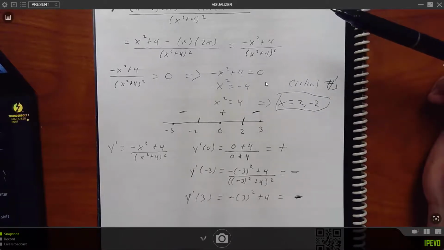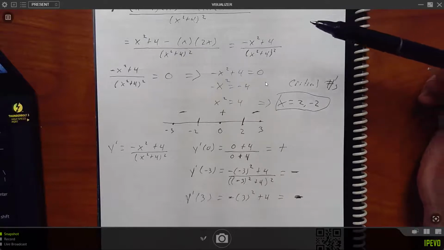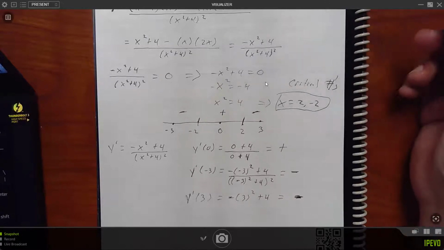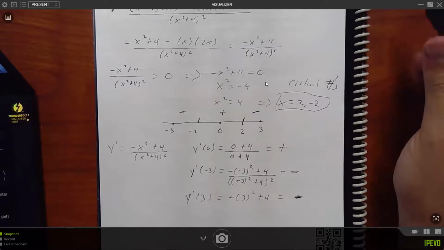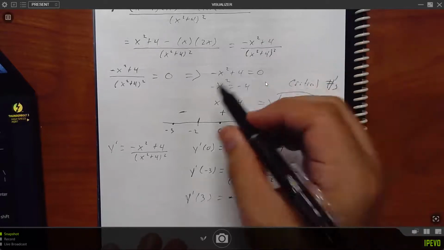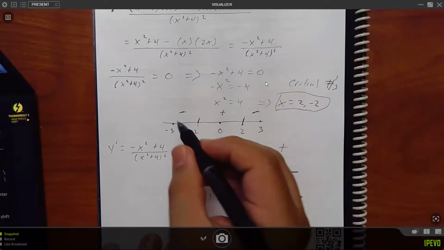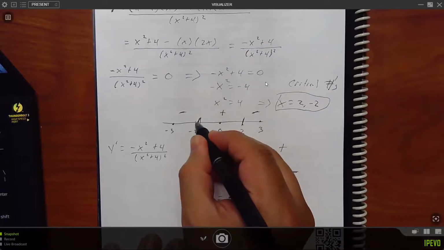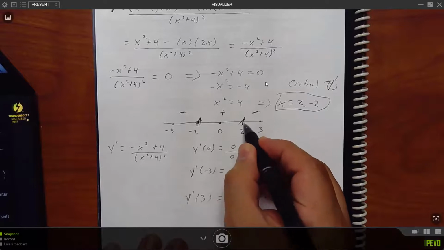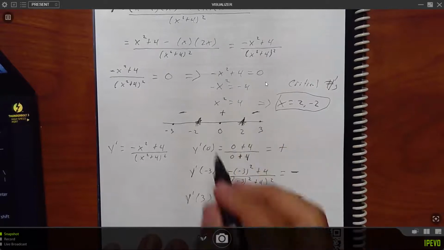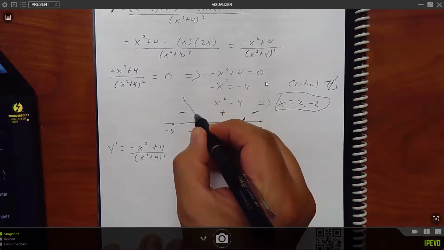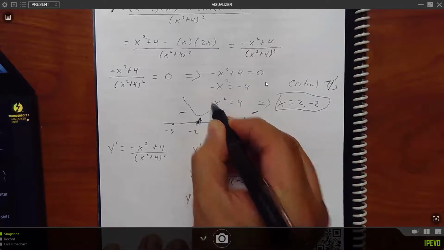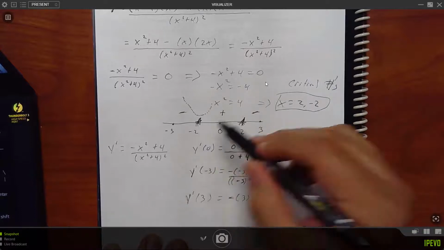It's a minimum. So these are my criticals right here, right? We got to see what's happening beforehand. We're decreasing, and then right after we're increasing. So this is a minimum there.